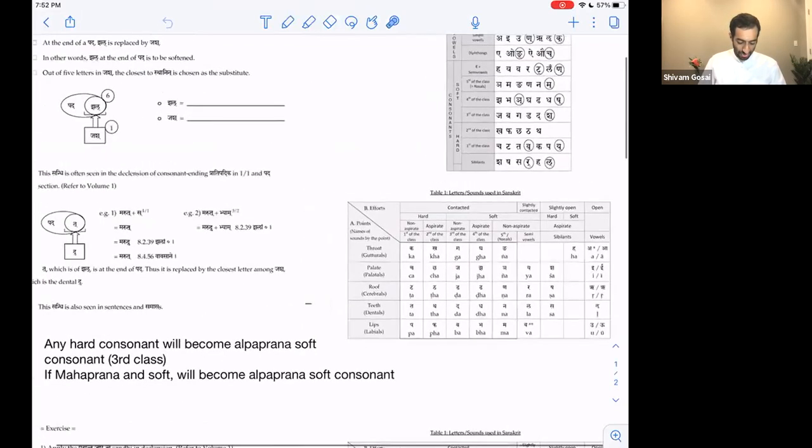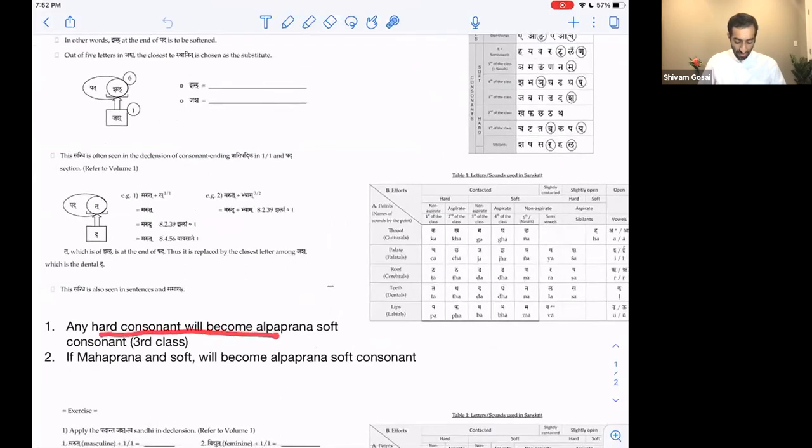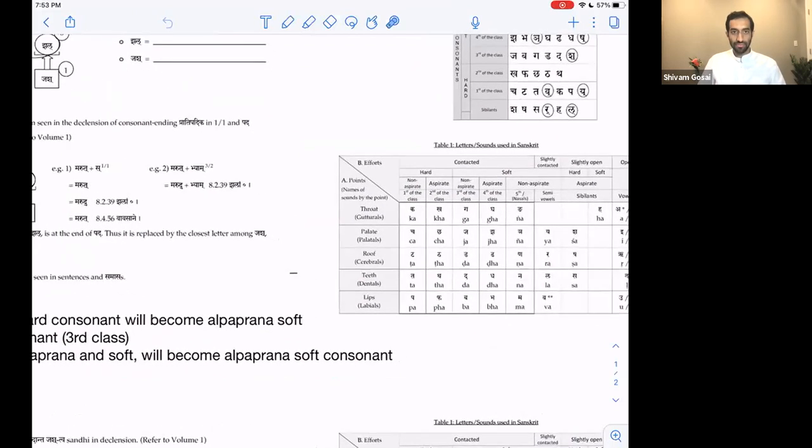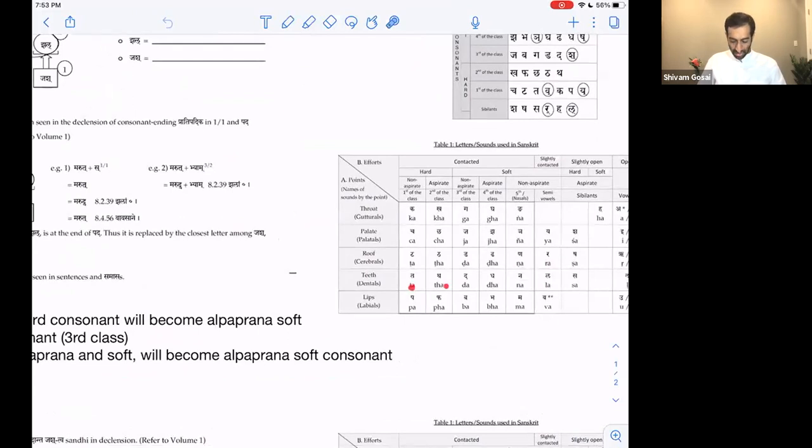So that's our two rules. We said if it's a hard consonant, it will become that alpa prana soft, the third class. If it's already soft, it will become the alpa prana soft consonant. Does that make sense? Ta or tha will become da, or dha will become da.